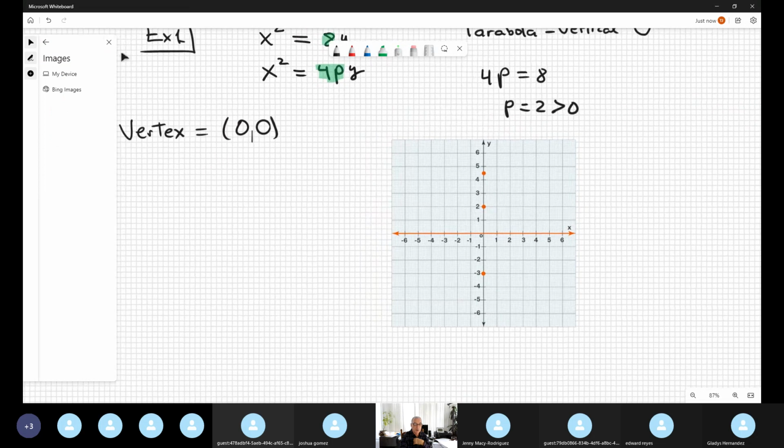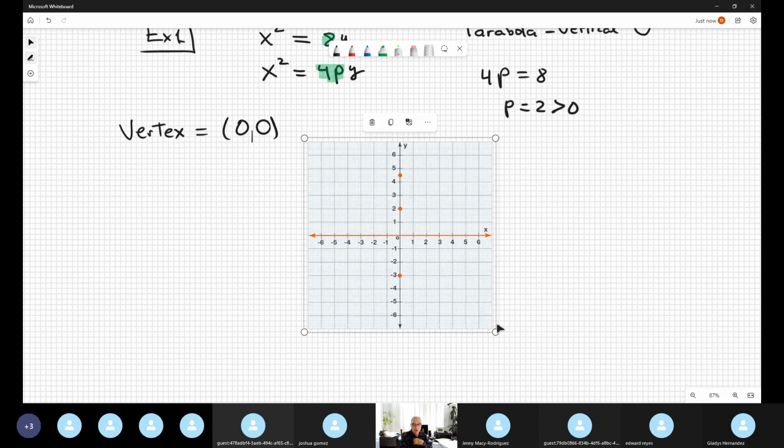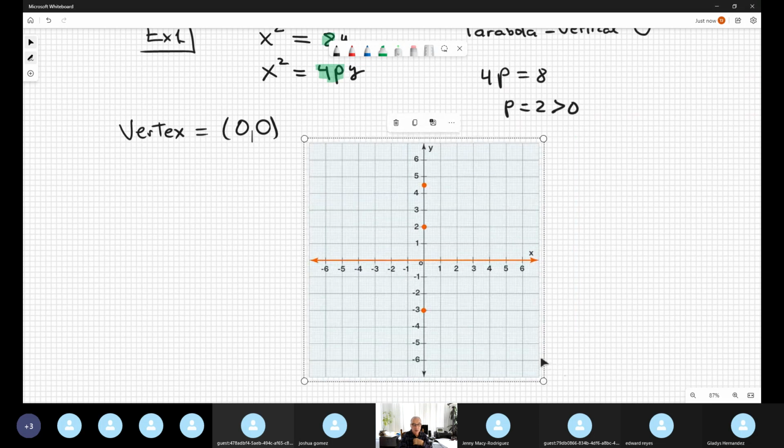Okay, so our parabola. The vertex is at 0, 0. The focus is the same distance, opening up.